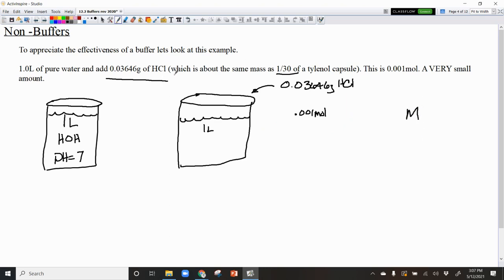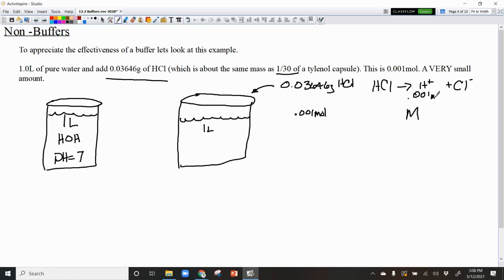Well, since this is hydrochloric acid, and remember, hydrochloric acid dissociates into hydrogen plus the spectator ion chloride. So since we have this many moles of hydrochloric acid, since it's 1 to 1 to 1, we have this many moles of hydrogen.